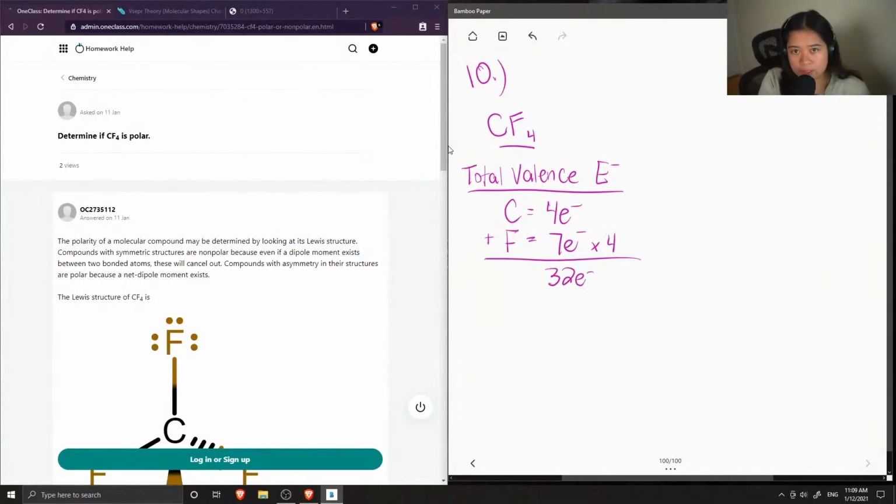Carbon is less electronegative than fluorine, so it will be our central atom. I'm just going to draw all the fluorines singly bonded to carbon, and I'll show all of their lone pairs.